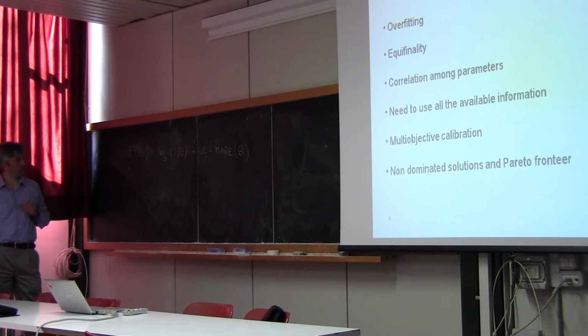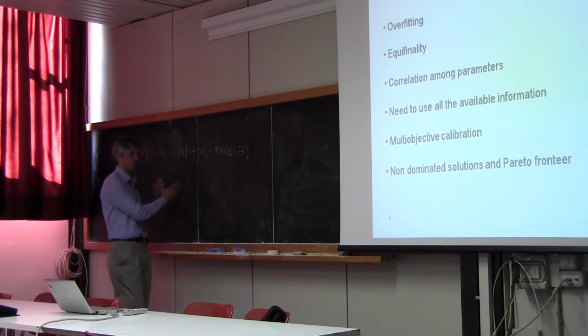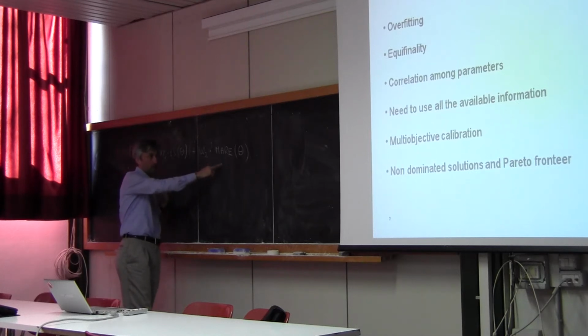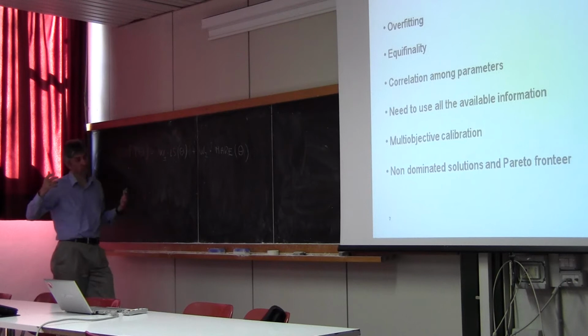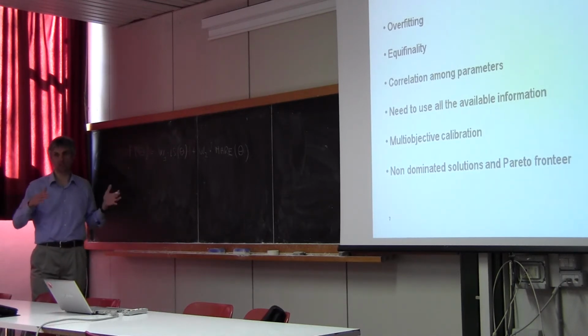And of course, here there is a problem that the order of magnitude of the two objective functions can be different, because the sum of squares can be very relevant, very high, while the mean absolute relative error varies between, in principle, 0 and infinity, in practice 0 and 1.